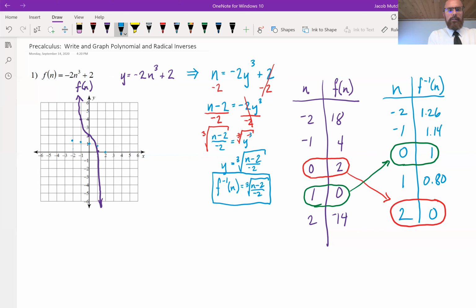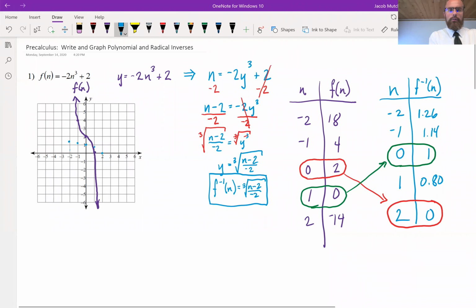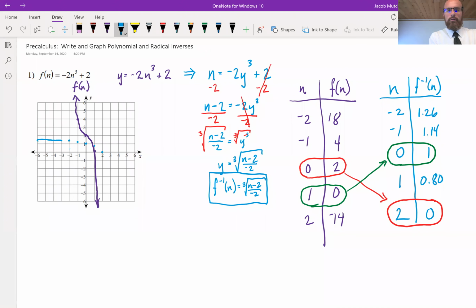So again, I'm going to graph based on that framework. And we've got a nice graph for the inverse of f of n.